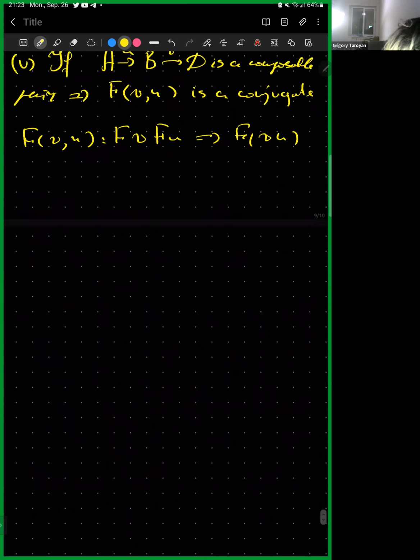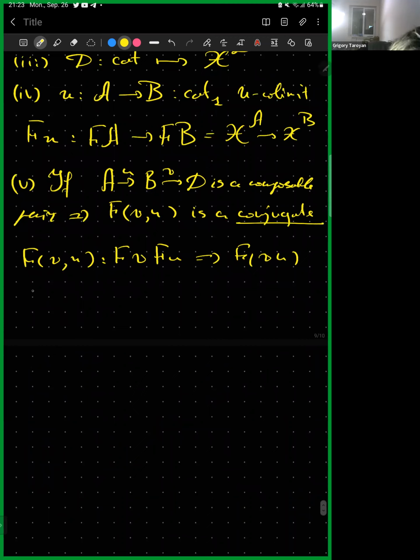So this is a conjugate of the identity natural transformation.